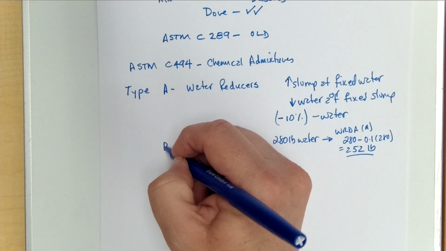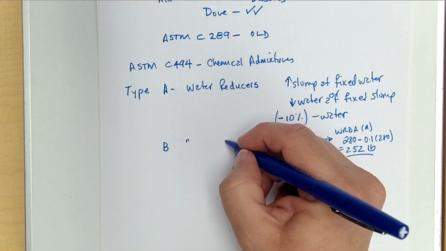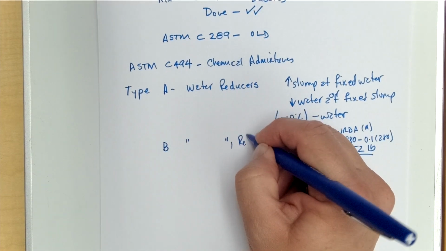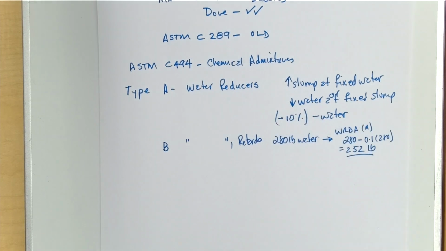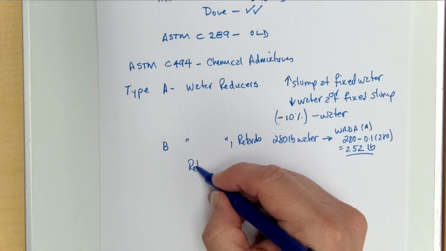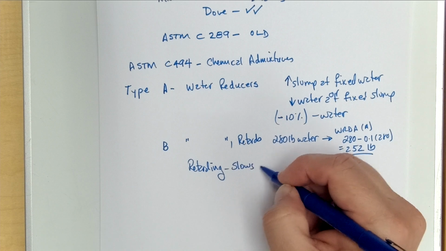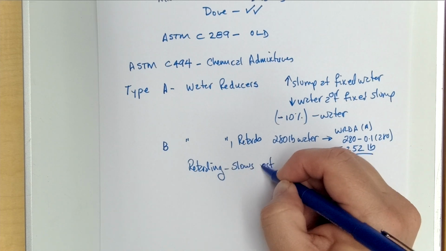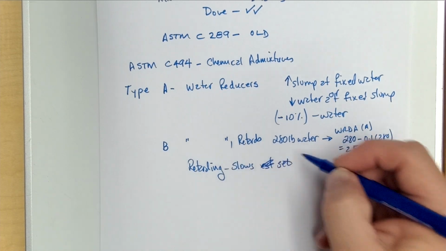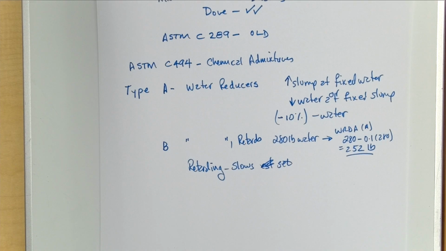Type B is a water reducer that retards. What does retards mean? It means it slows down the set. So if you need an extended amount of working time, it will slow down your setting so that you have that extended working time.